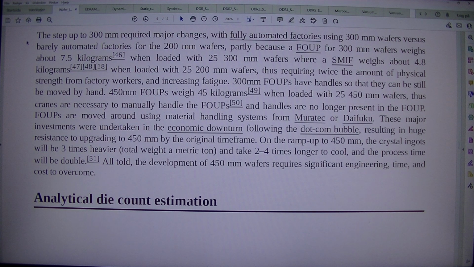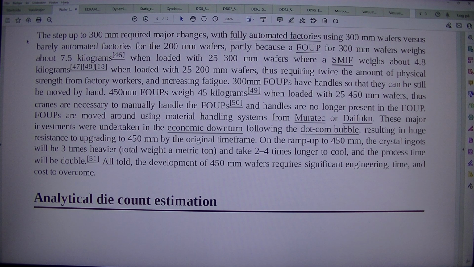Partly because a FOUP for 300 mm wafers weighs about 7.5 kilograms when loaded with 25 300 mm wafers, whereas a SMIF pod weighs about 4.8 kilograms when loaded with 25 200 mm wafers, thus requiring twice the amount of physical strength from factory workers, and increasing fatigue. 300 mm FOUPs have handles so that they can still be moved by hand.